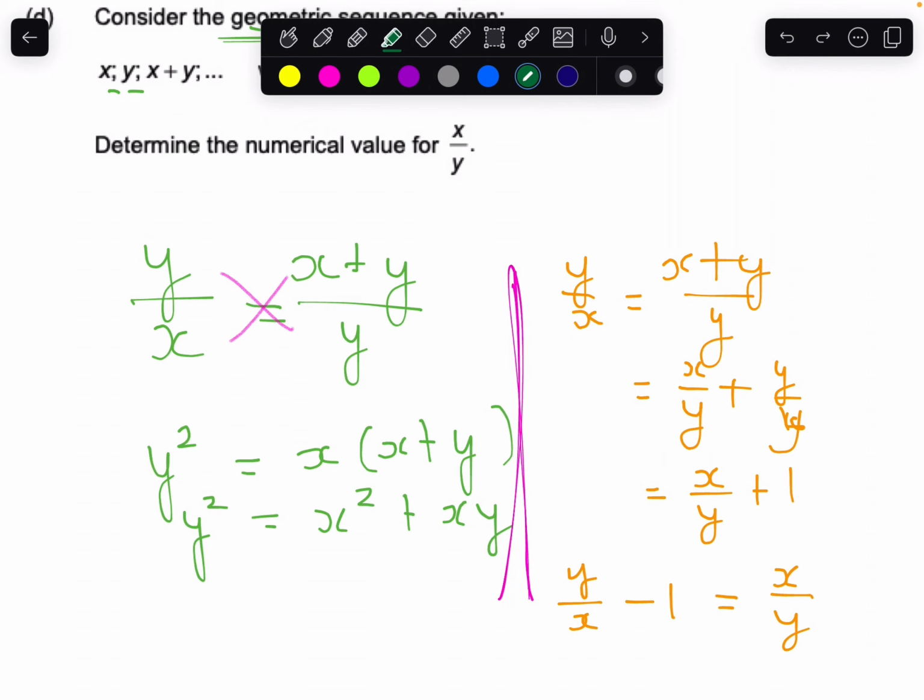It's the common ratio of the sequence. Okay. I don't know if life is getting better or worse. What's going on?